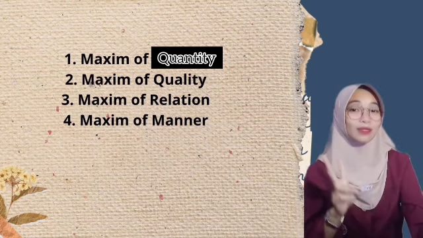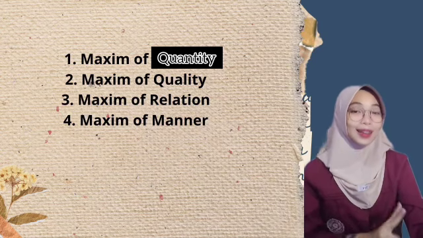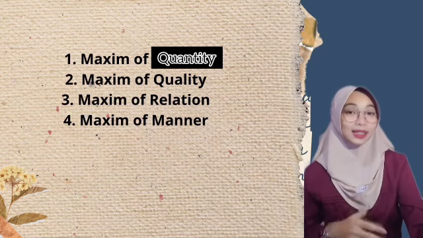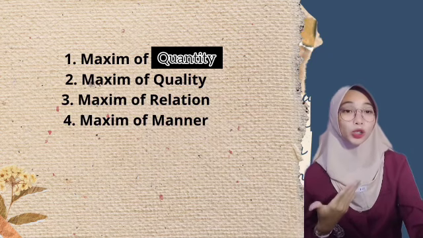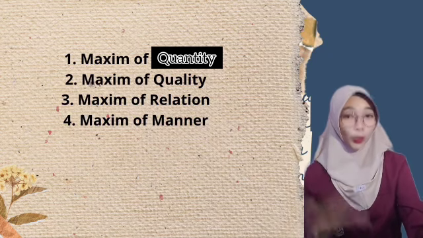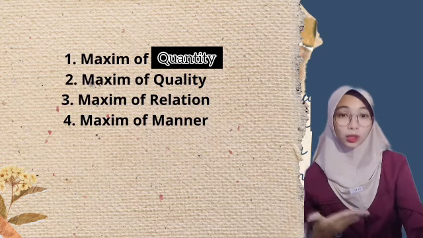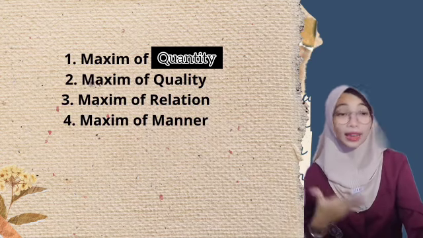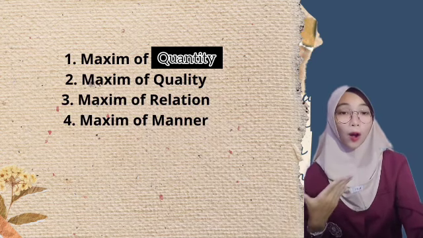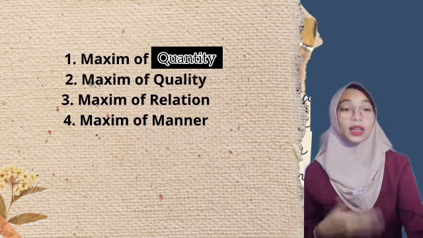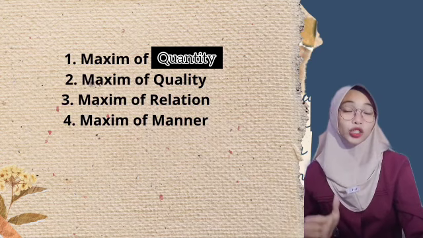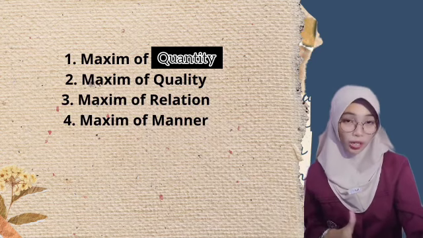Second is the maxim of quality. The maxim of quality states that a speaker's contribution to a conversation ought to be true. They should not say what they believe to be false, nor should they say anything for which they lack adequate evidence. This maxim relates to the truthfulness of the information provided.